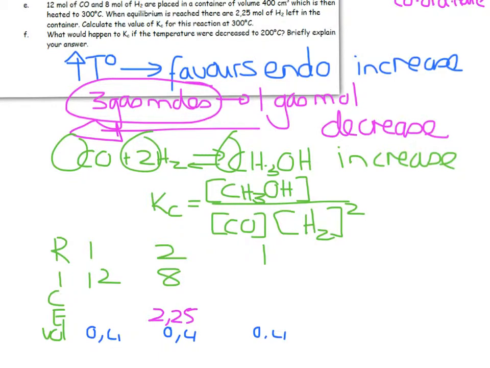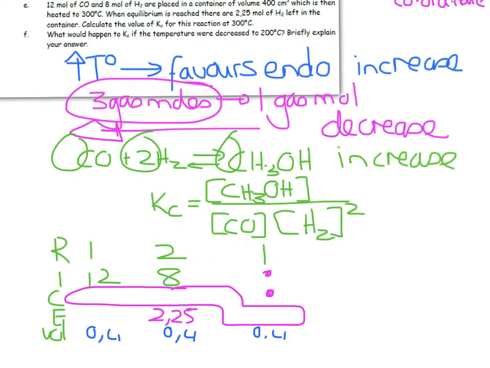So the first thing I need to do is draw my little link between the consumed reactants and the equilibrium that is left over. Those are both dots, nothing happens. I do know that if I go from 8 to 2,25, how much must I have used?